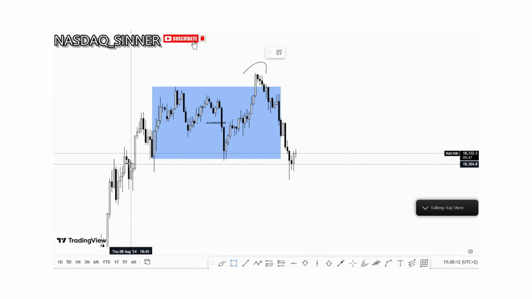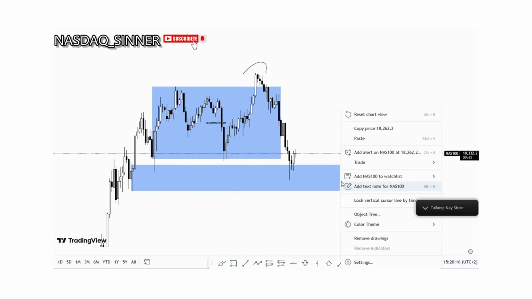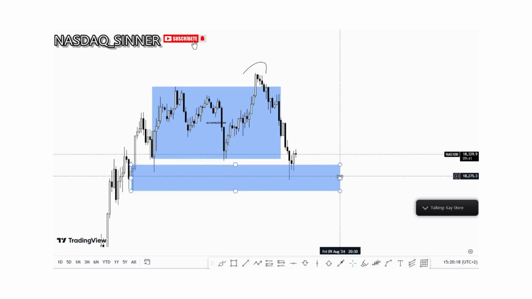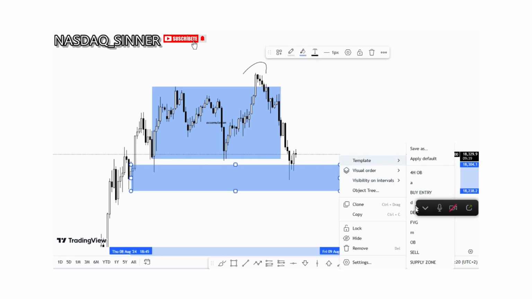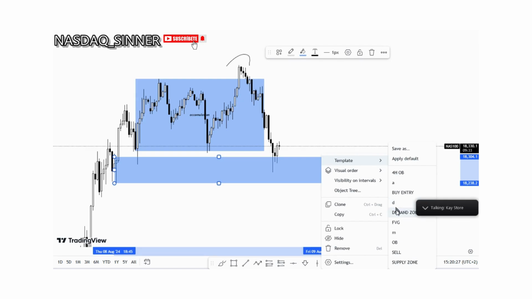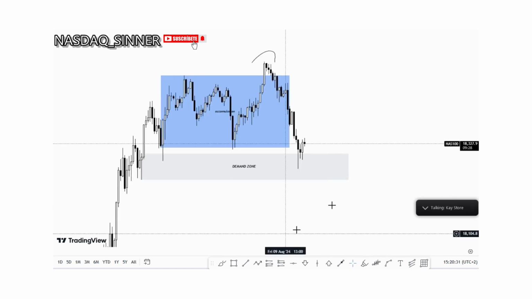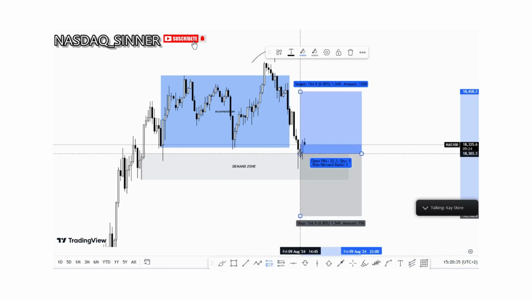Here we have a demand zone. Then we're gonna expect NASDAQ to push to the top side as well. Then I'm gonna say this is my demand zone over here. Definitely my demand zone. So from that point over there, I'm just gonna continue with the bias to the top side when it comes to NASDAQ.